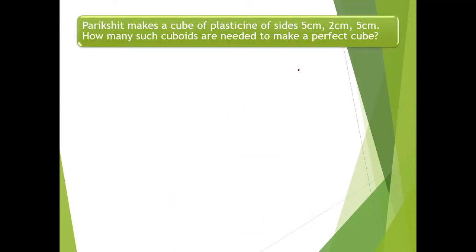Parikshit makes a cuboid of plasticine of sides 5 centimeter, 2 centimeter, and 5 centimeter. How many such cuboids are needed to make a perfect cube? Now we have a cuboid of volume 5 into 2 into 5 centimeter cube.